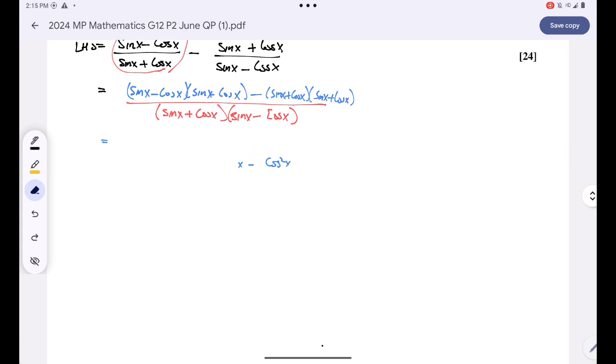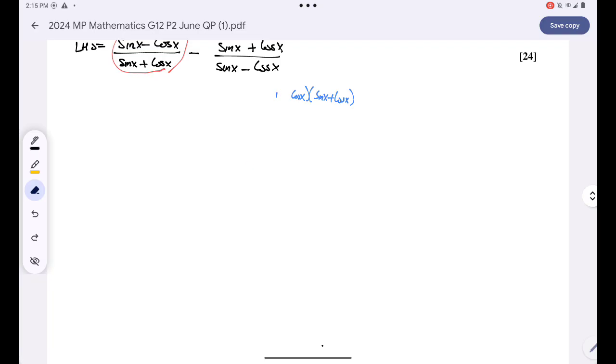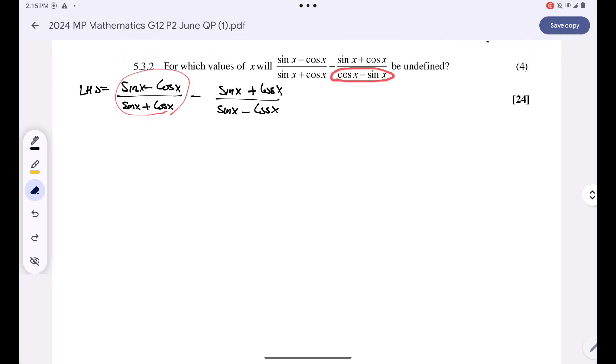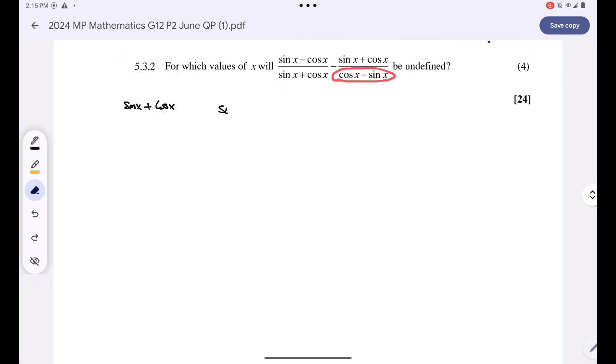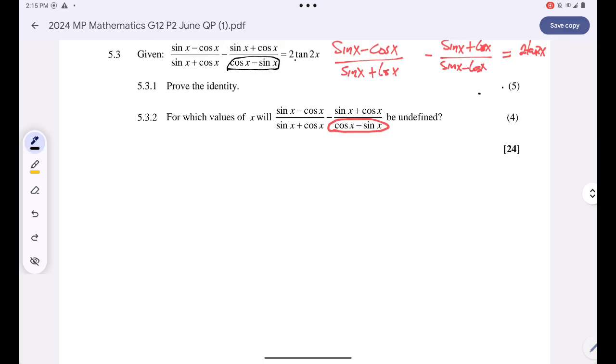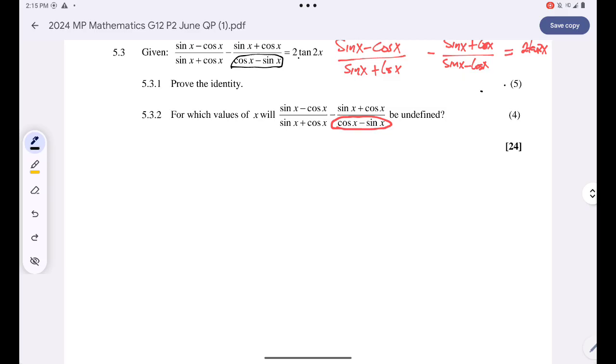So I'll take my denominator, cos 2x, equate it to 0, and then find the general solution. If cos 2x is equal to 0, the entire identity is undefined.